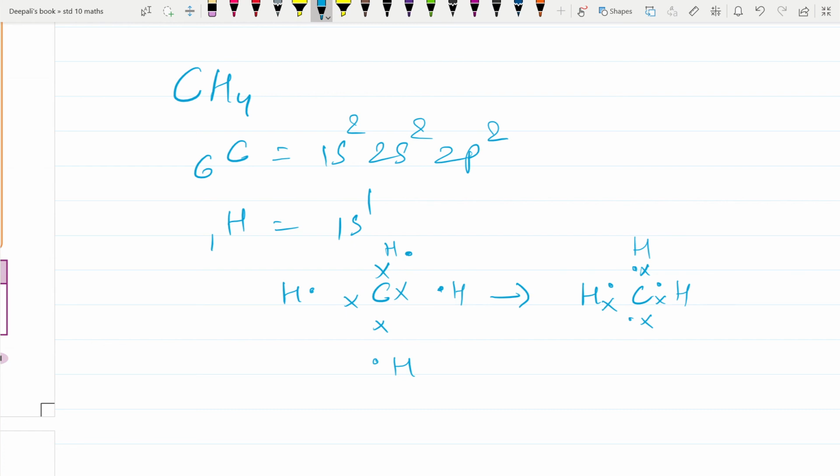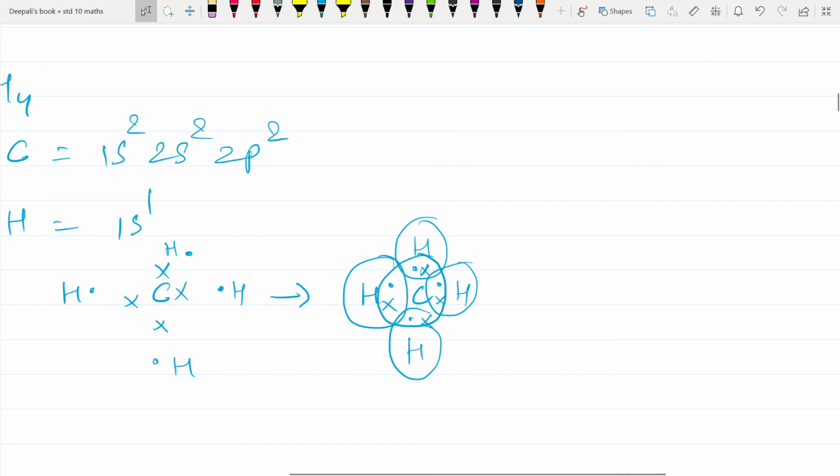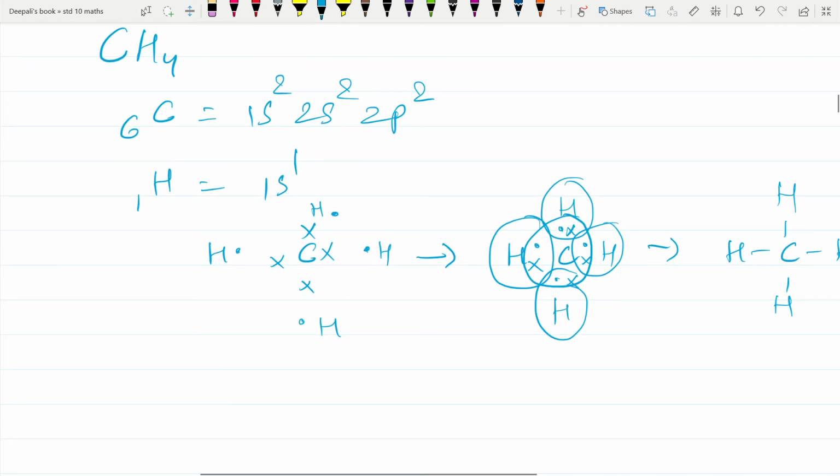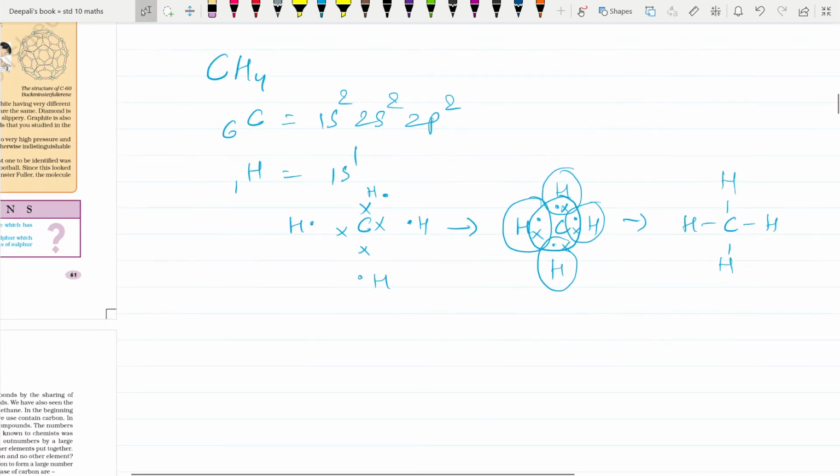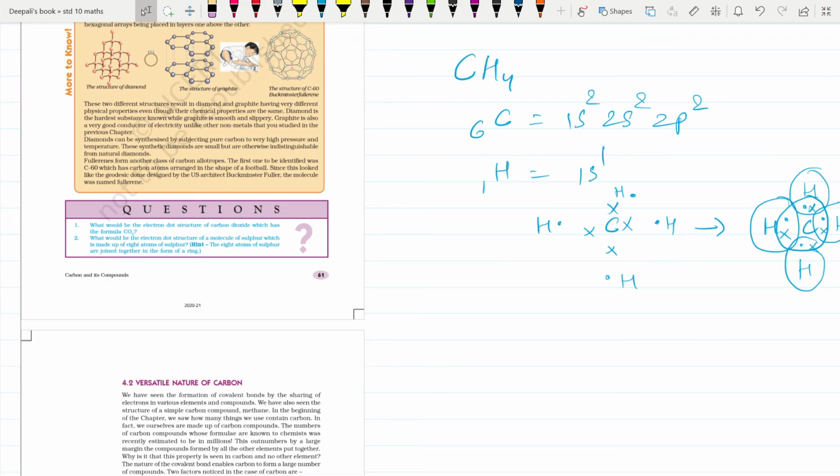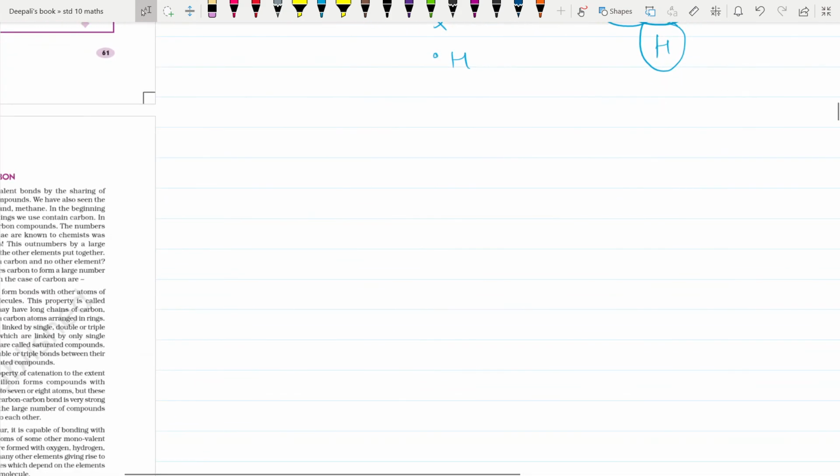So when you form it, all hydrogens complete their valency, and the carbon too, and so you get H, C, H, H, H. This is a methane molecule. Is that clear? Yes.